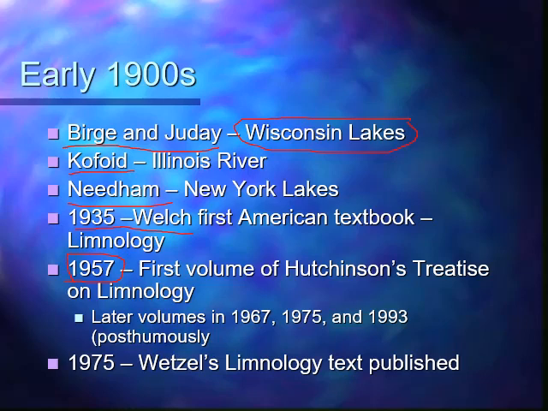And he published these massive volumes, the Treatise on Limnology. I don't remember which one he started with. But he had one on biology, he had one on chemistry, he had one on physics, and then he published another one, I think it was on the benthos. In 1975, we have kind of a more modern textbook, Wetzel, was published.